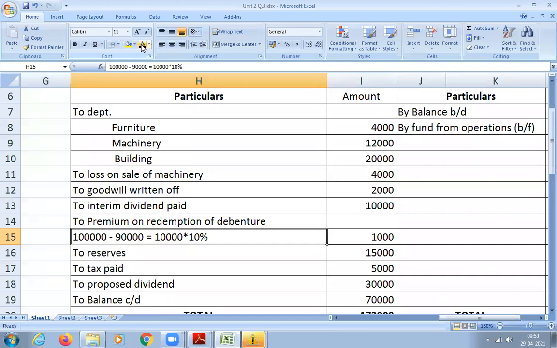But in the application of funds, you write the total amount I'm paying to my debenture holders, which is 11,000: 10,000 redemption value plus 1,000 premium. That means the total cash going out is 11,000. Got it? That you have to show. Clear?